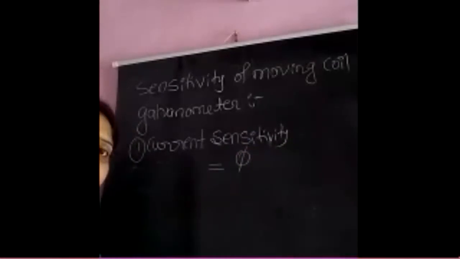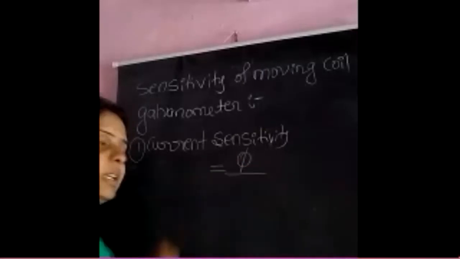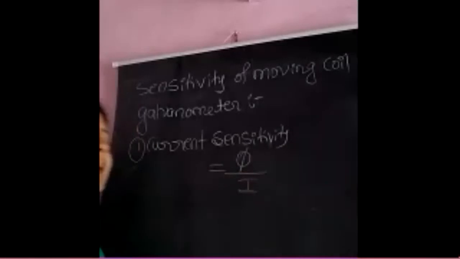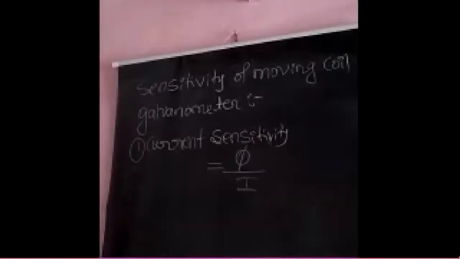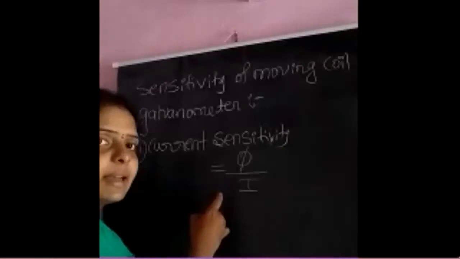Current sensitivity is defined as the deflection produced in the galvanometer per unit current in the galvanometer. It is the deflection produced when a unit current flows through it.